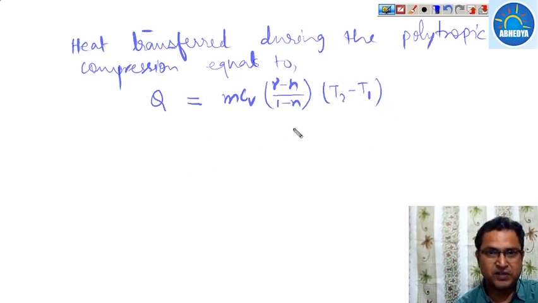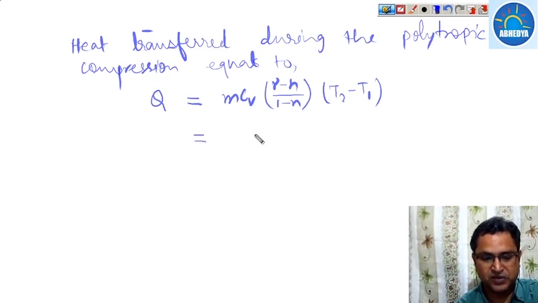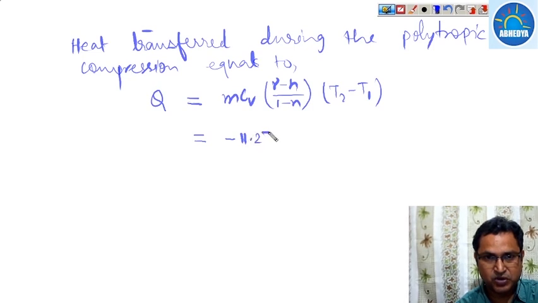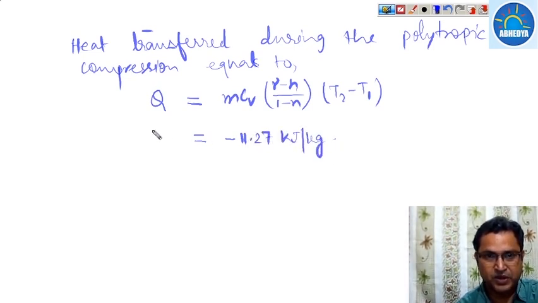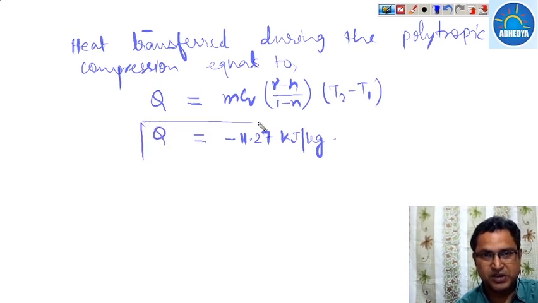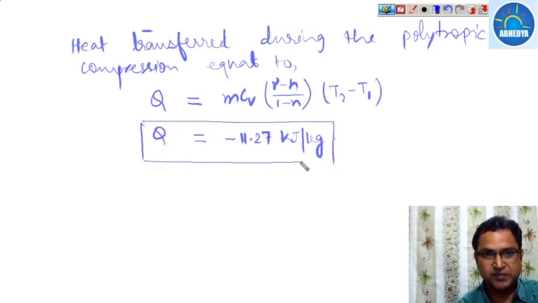Now put all the values, where gamma is equal to 1.4. By putting all the values we get minus 11.27 kilojoule per kg. So this much amount of heat has been transferred.